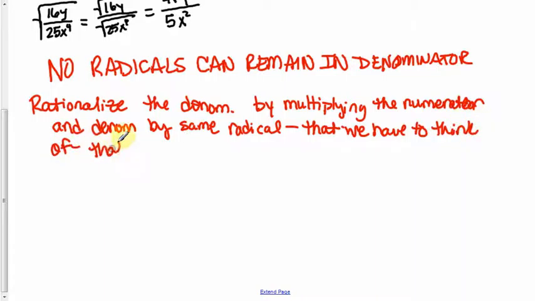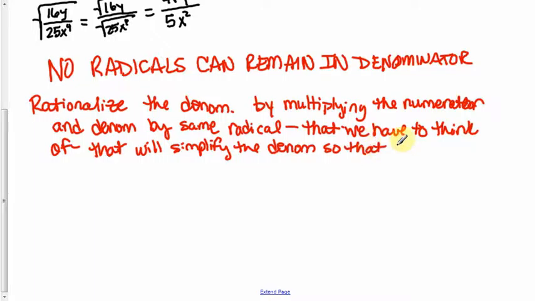That will simplify your denominator so that no radical remains.